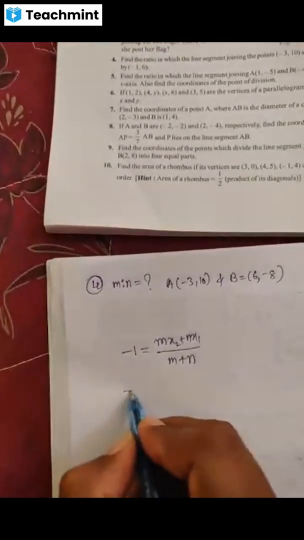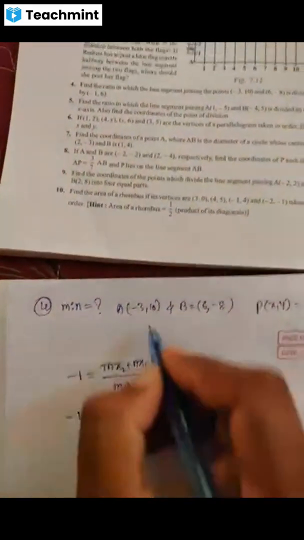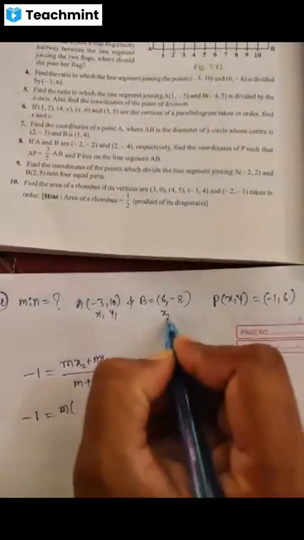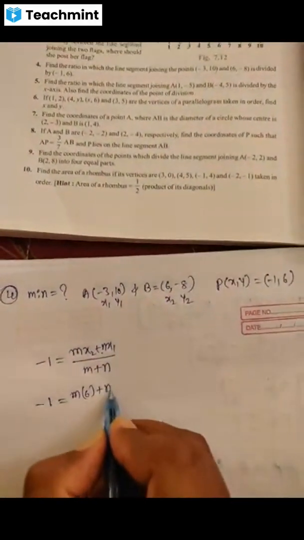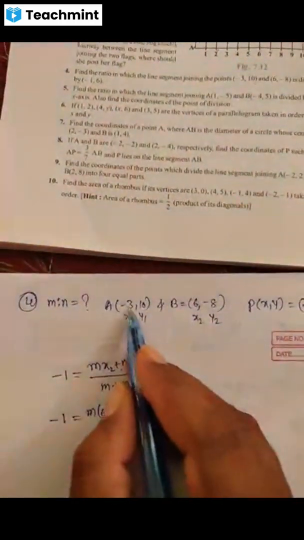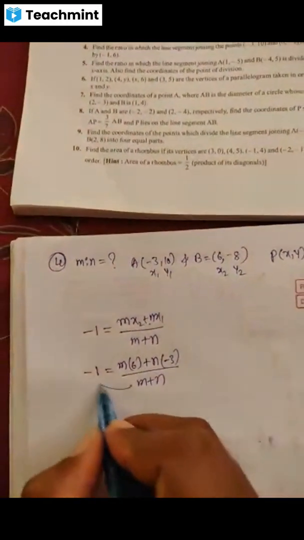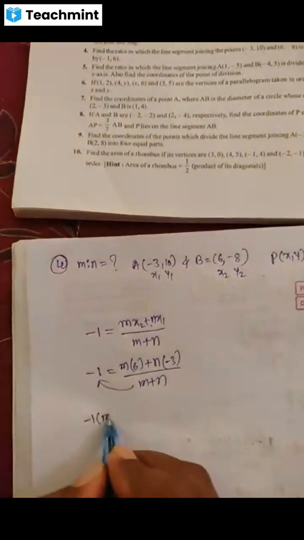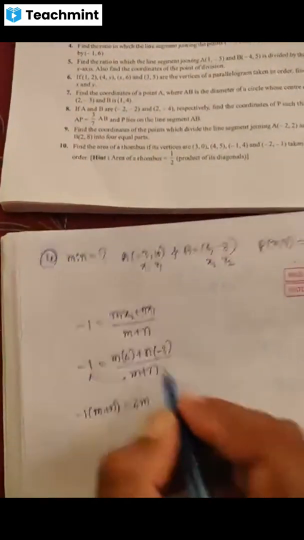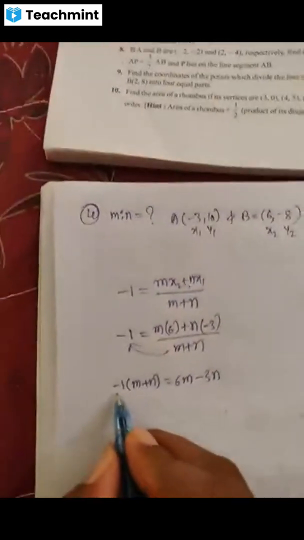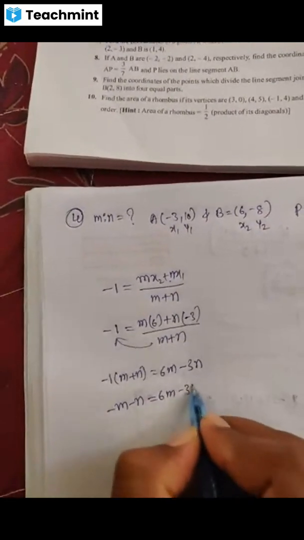So -1 is equal to m times x2, which is 6, plus n times x1, which is -3, divided by m plus n. By cross multiplication, -1 into (m plus n) is equal to 6m, minus 3n. So minus m minus n is equal to 6m minus 3n.